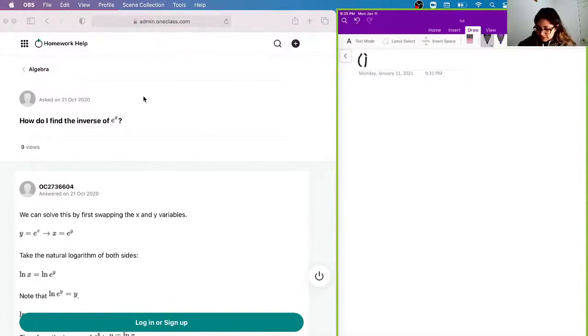So our first question here says, how do I find the inverse of e to the power of x? Basically we can solve this by swapping or interchanging the x and y variables. What we mean by this is you're just taking the inverse. So we interchange the variables.